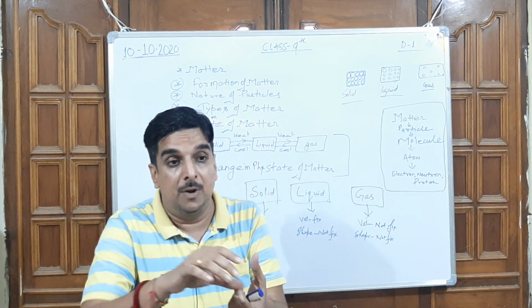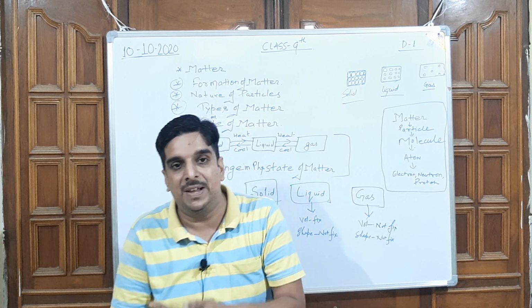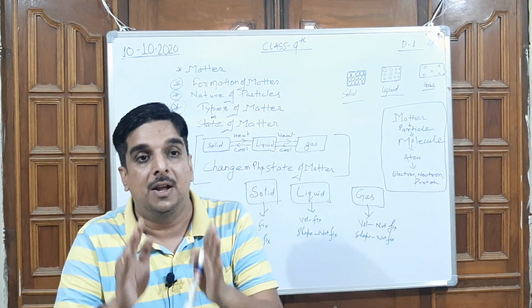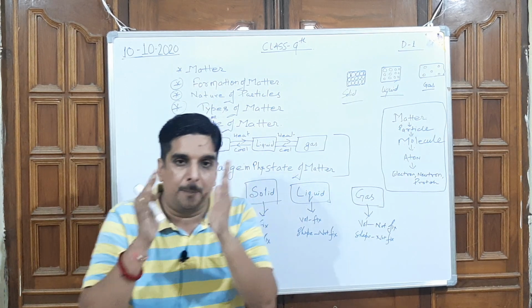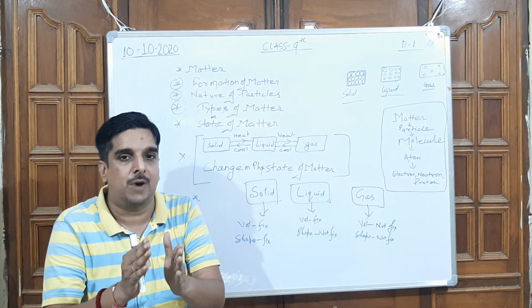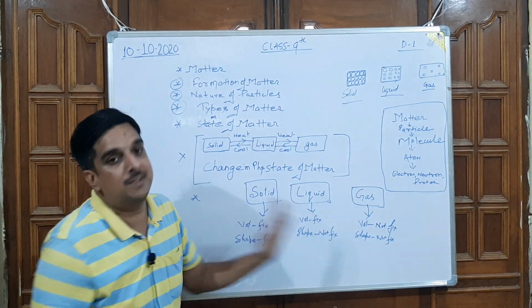After that, if we put the same half liter of water into a jug, the volume is again fixed, half liter, but now the shape of the water is the jug. So we can easily write that for liquid, volume is fixed but shape is not fixed.